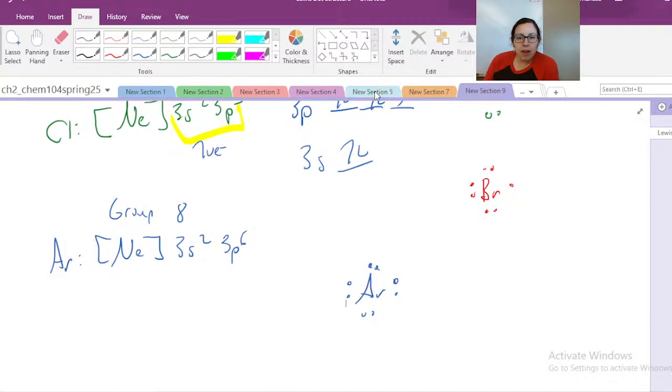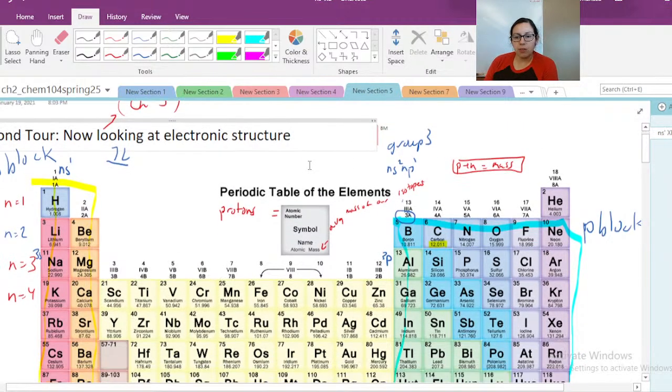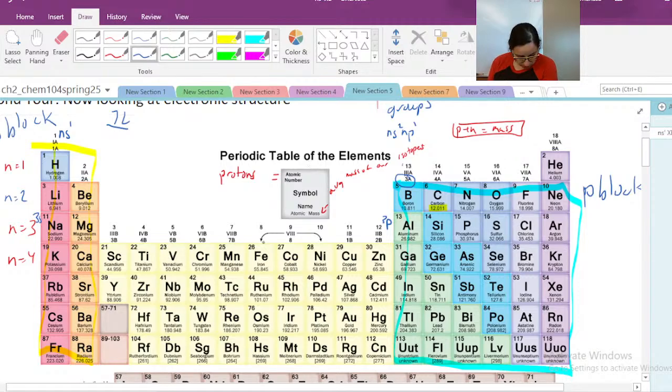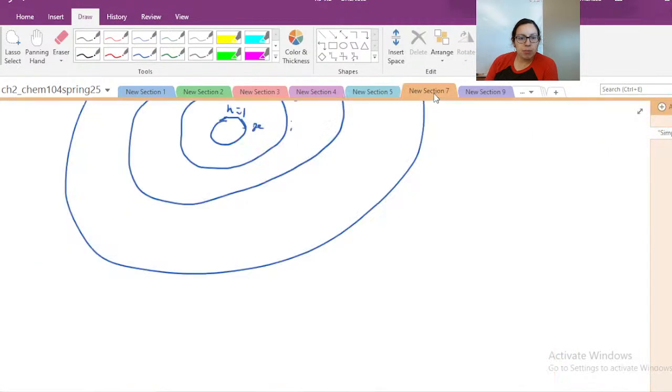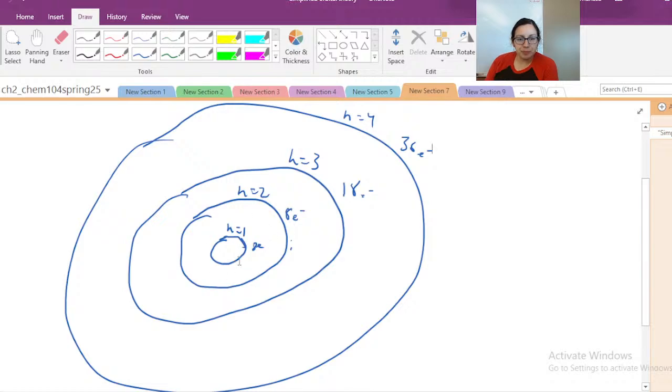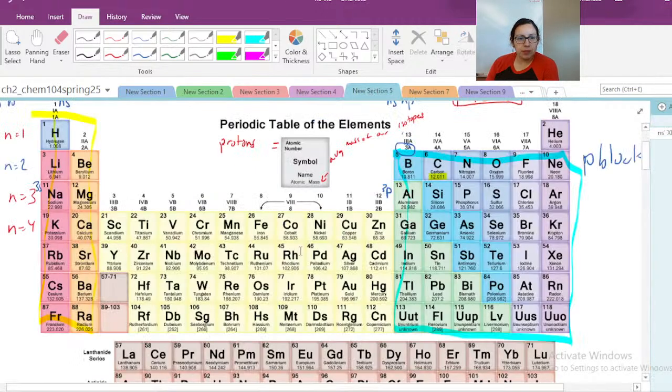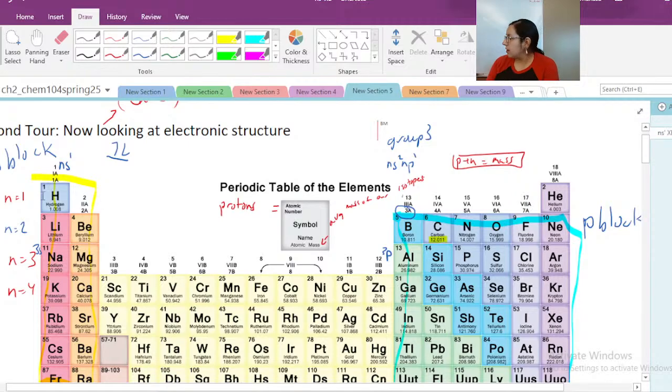Okay, so now let's go back to our electronic structure. We have just finished off our 3p. However, let's take a pause for a second. We need to see where we are, especially in our onion ring here. We had n equals 1, which corresponded to that, and it only had 2.